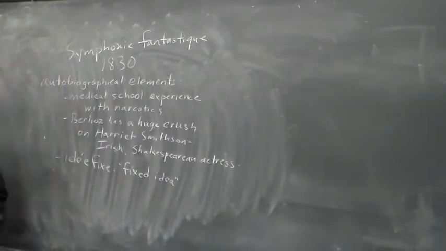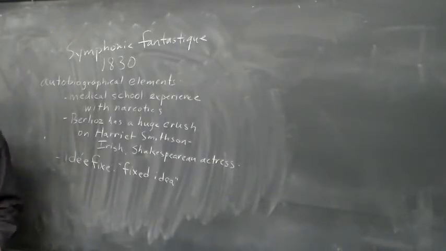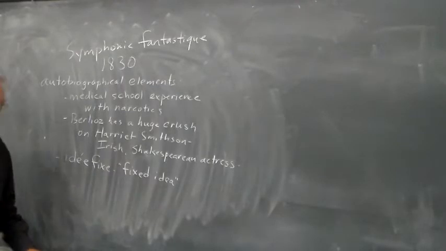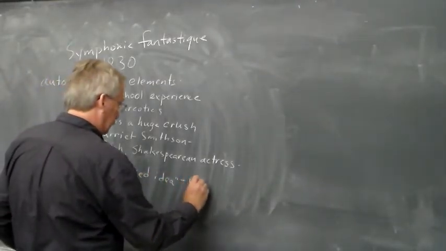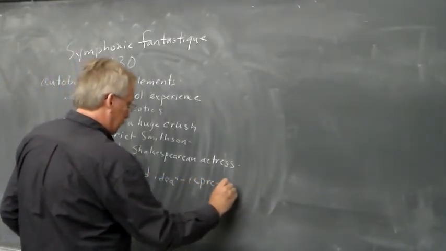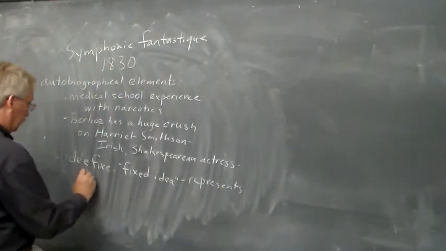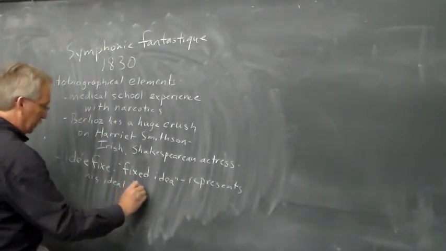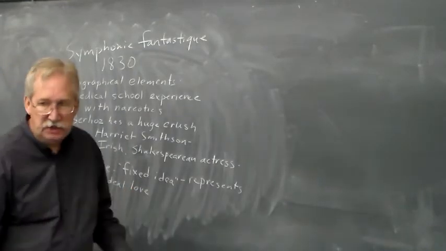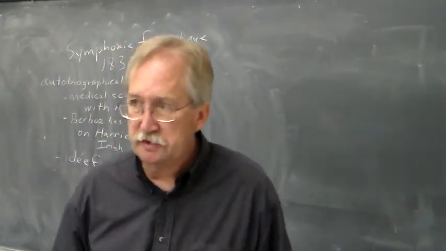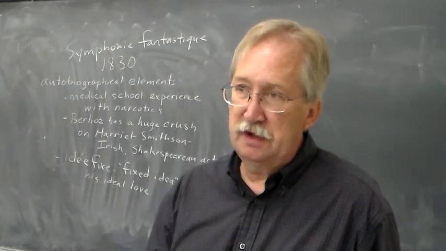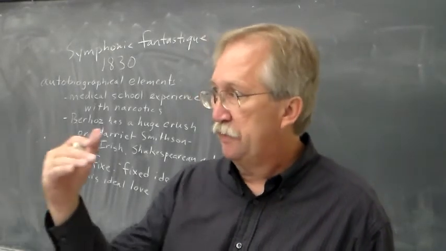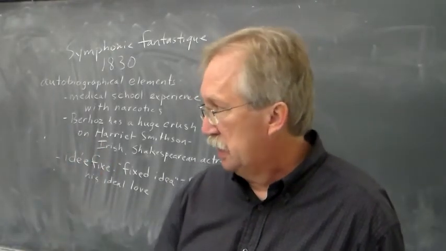So this fixed idea is associated with this specific work, and the fixed idea represents Harriet Smithson, represents his ideal love. And that she continually returns in each movement of the symphony in these different contexts.